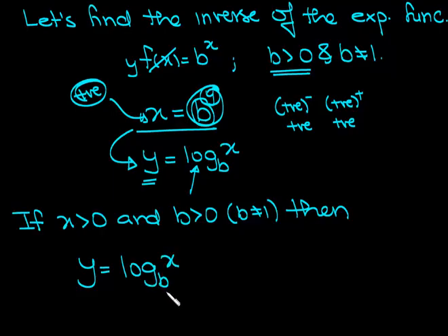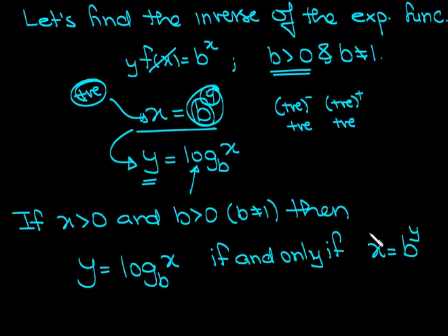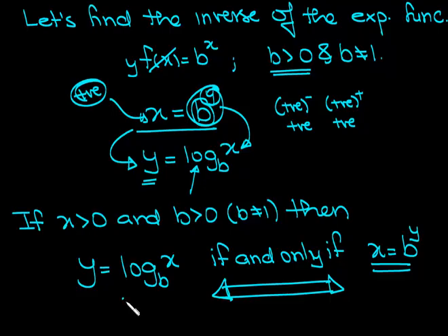This is still called the base. b was the base at the beginning, and it's still the base, now the base of the log. y is equal to this if and only if x is equal to b to the y. We were here and we got here. If and only if basically means this goes in both directions. If I have this, I can write it this way. If I have this, I can write it that way. So here's the definition of log.